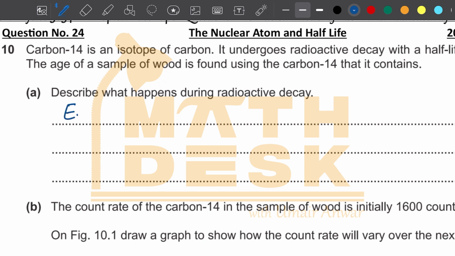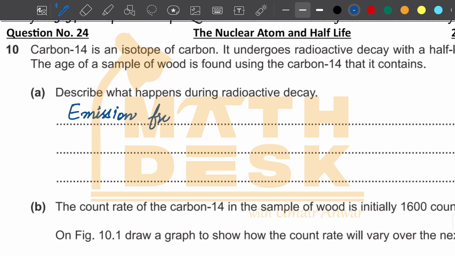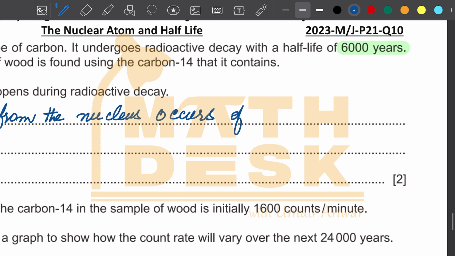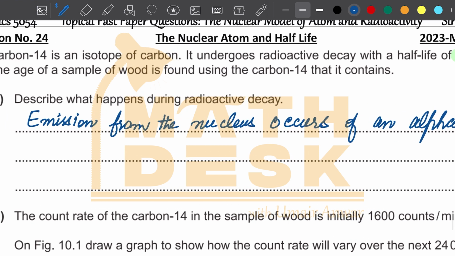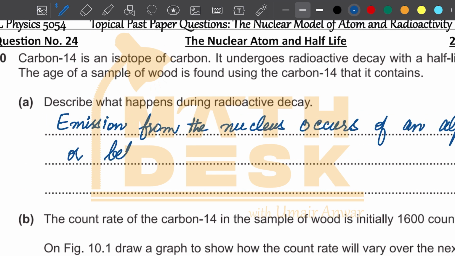So, during radioactive decay, emission from the nucleus occurs of an alpha particle or beta particle or gamma radiation.